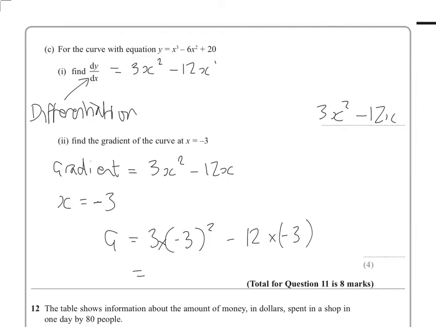Minus 3 times minus 3, negative times negative, positive. Minus 3 times minus 3 is 9, times 3 again, 27. Minus 12 times minus 3, negative times negative, positive. 12 times 3, 36. 27 plus 36 is 63.